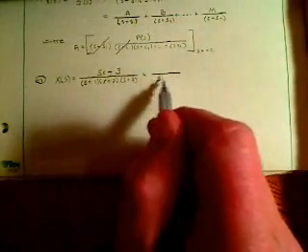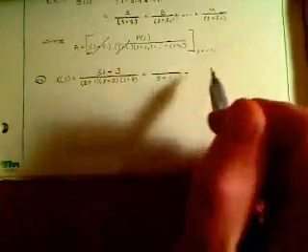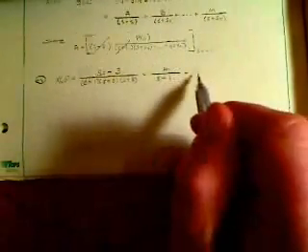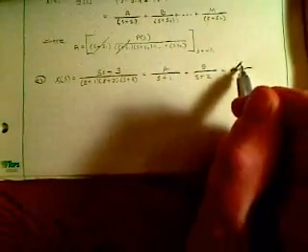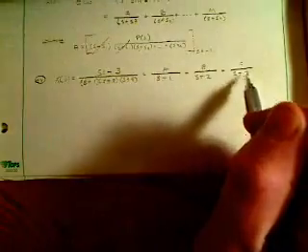Something over s plus 1, call it A, B over s plus 2, and C over s plus 3. The question is, what does A equal?